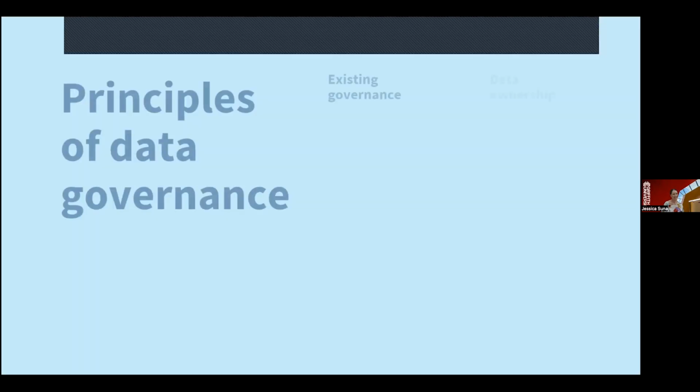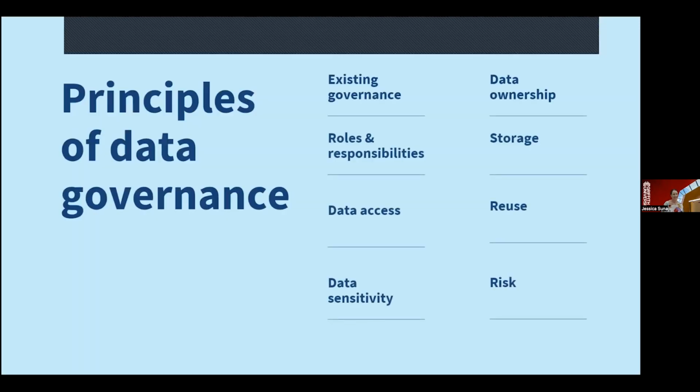When contemplating data governance, it's essential to consider current governance practices which are already in place, the defined roles and responsibilities, data accessibility, sensitivity levels of the data, data ownership and location, storage infrastructure and data types, potential for data reuse, and identification and mitigation of associated risks.